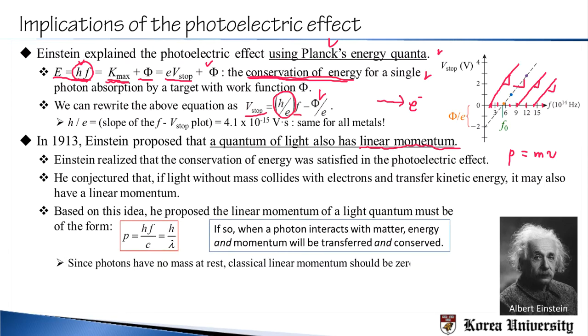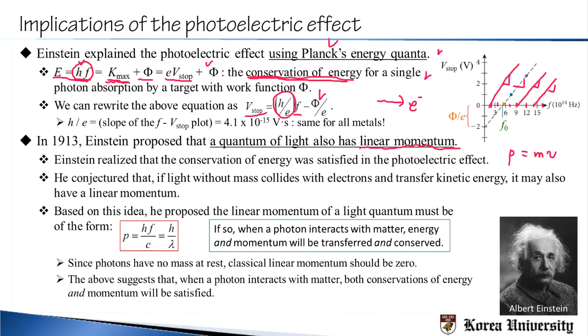Actually, what he suggested was that for light, which does not have mass, the momentum must be the energy divided by the velocity, which is c. This was Einstein's idea, and I'm not going to explain the details, but if you rewrite this, what you get is the Planck constant divided by the wavelength.